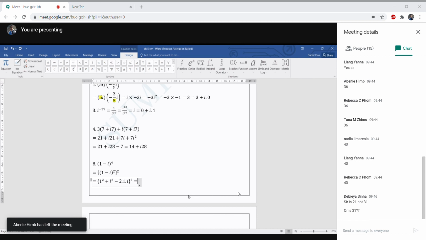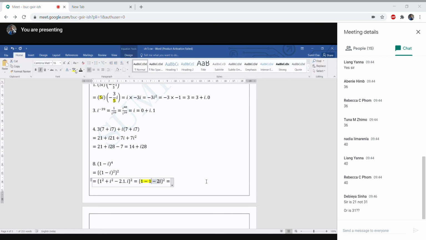If you simplify this one inside the bracket, it will be 1 minus 1. Look, 1 square is 1 and i square is minus 1, minus 2i. If you simplify again, 1 and 1 will be cancelled. 1 and 1 will be 0.